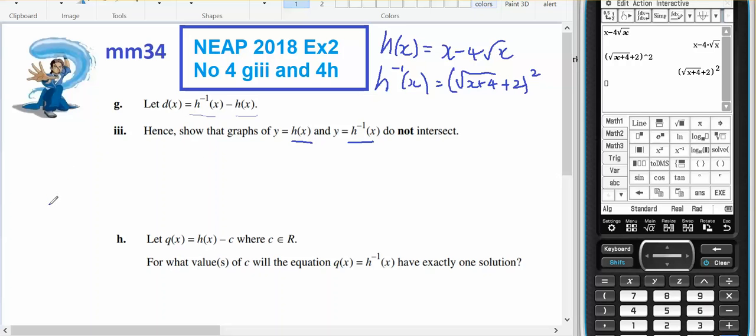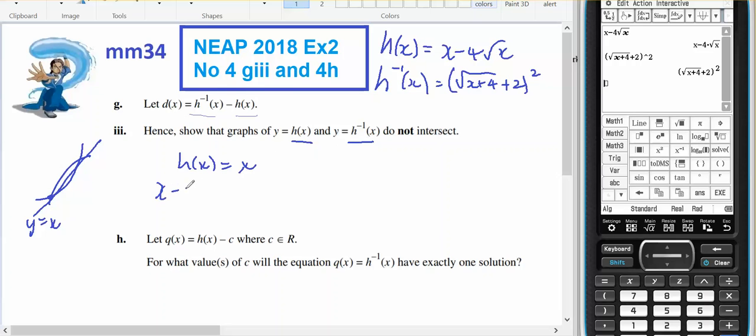Well, if I have H of X and its inverse, it's also going to intersect on the line y equals X. So I'm going to set H of X equal to X and solve for X. If there is a solution, that means that H of X intersects y equals X, therefore it would intersect its inverse.